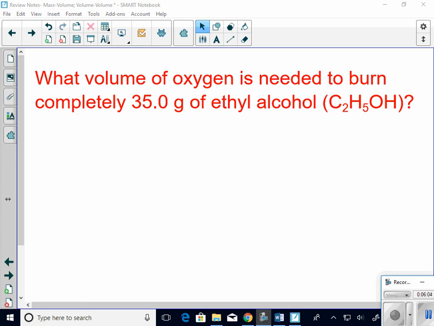What volume of oxygen is needed to burn completely 35.0 grams of ethyl alcohol? What type of reaction is this? If we're dealing with our 5 different types of reaction, what type is this?